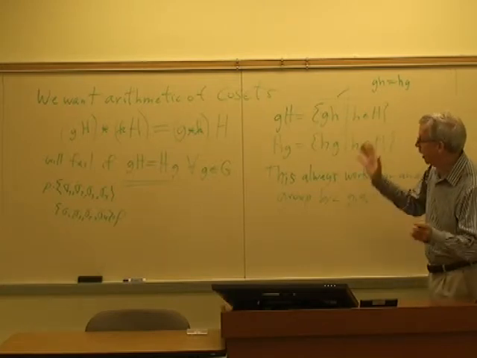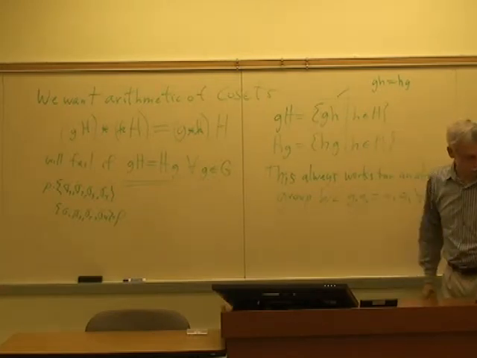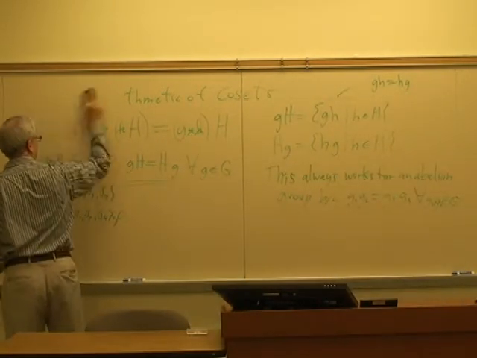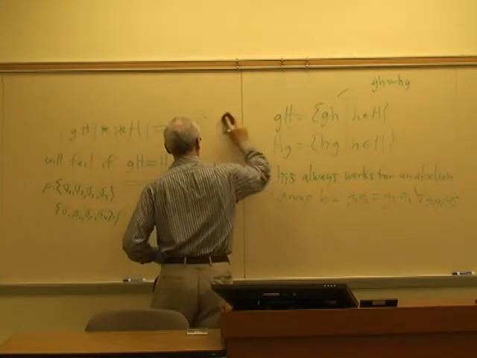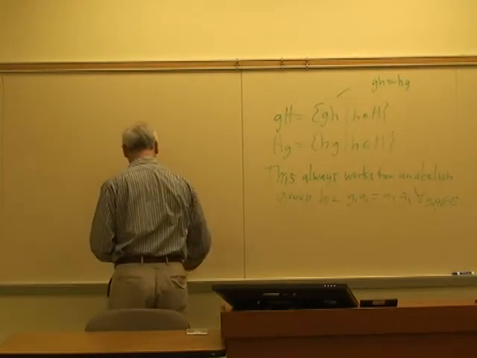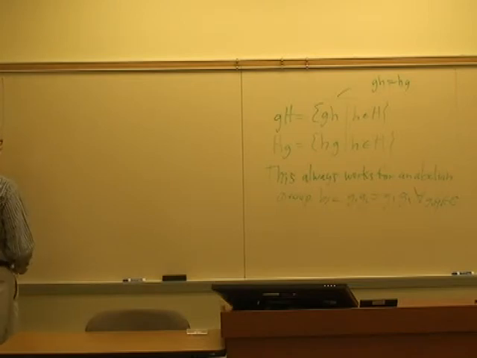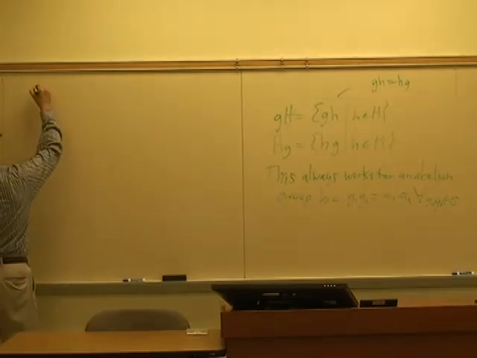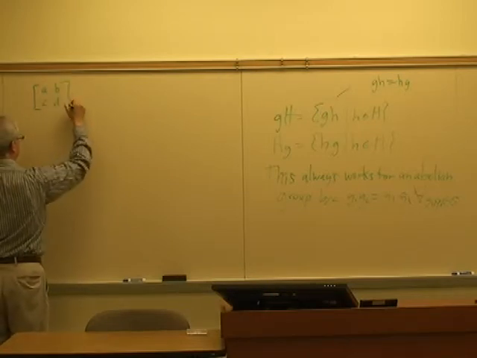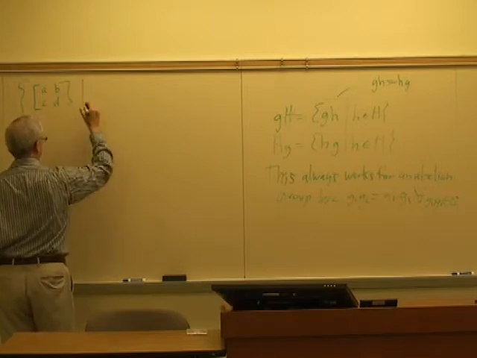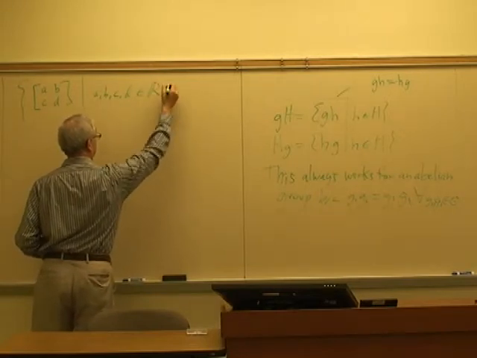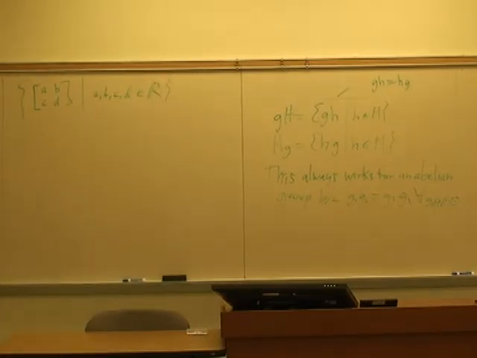So the abelian case is trivial, so let's just get an abelian case on the board one more time. What's a nice simple abelian case that's a little different? How about a set of all 2 by 2 matrices?